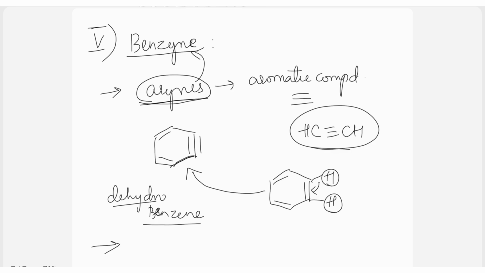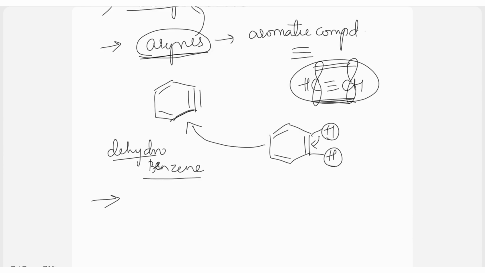Now the triple bond in benzyne is not formed simply by the overlapping of unhybridized p orbitals, just as we observe in the case of acetylene. It's not like that, because it's not possible in the case of aromatic compounds. It is formed by the overlapping of the orbitals of neighboring carbon atoms. If we look at the benzyne structure, here the carbon has a p orbital, here also the carbon has a p orbital, then we observe the overlapping this way.